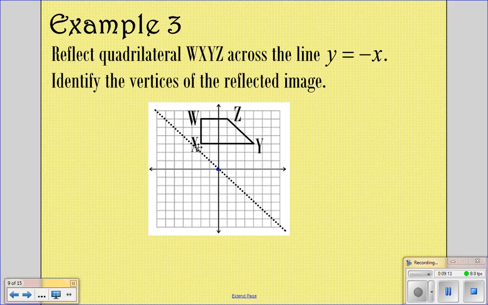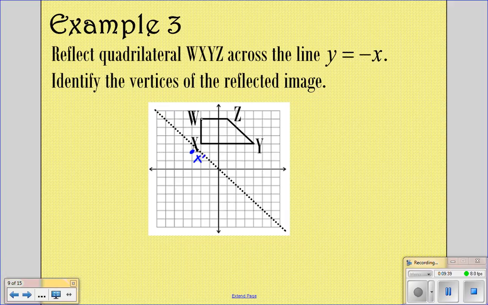The lines that connect X and X prime are going to have to be perpendicular to this line y equals -x, okay? So that means that this one right here is going to go this direction, and it's half of a square away, so X prime is going to be right there. So that's X prime.